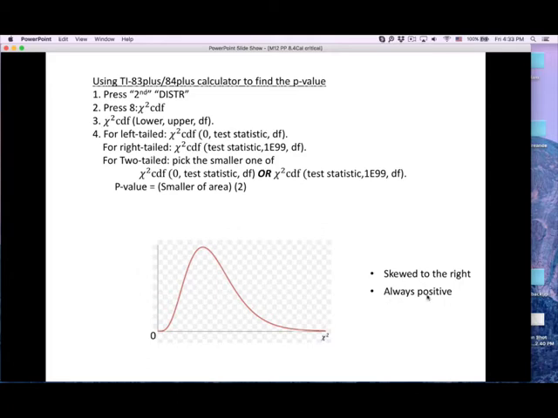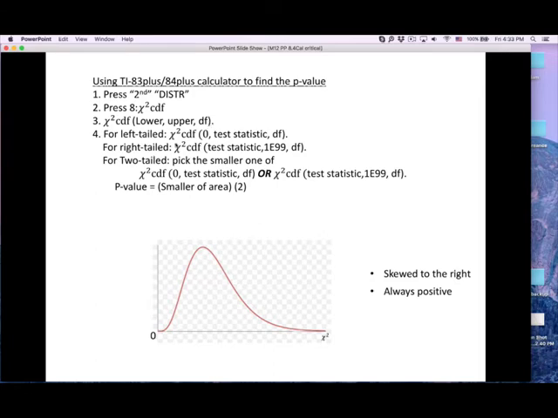When you want to find the p-value, similar to normal CDF or t CDF, go to second distribution and choose chi-square CDF, which gives the chi-square cumulative area. You plug in the lower value, upper value, and the degrees of freedom, which is n minus 1.